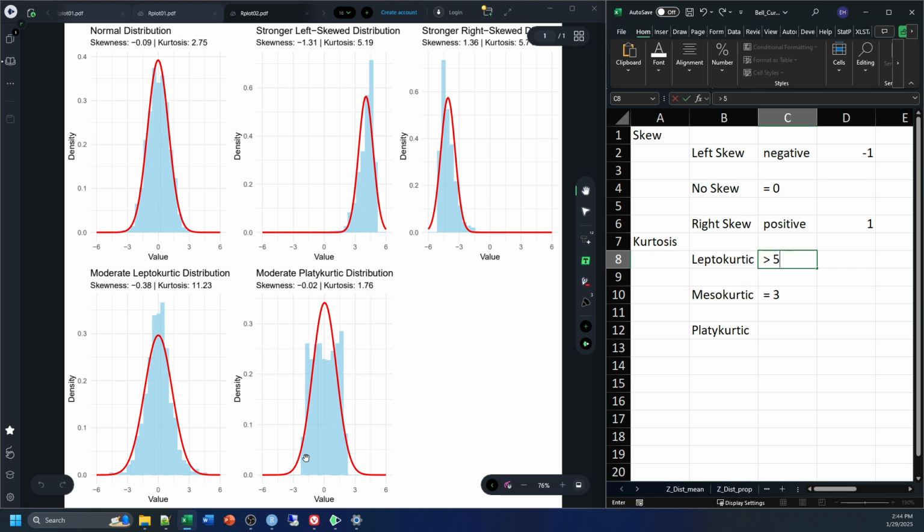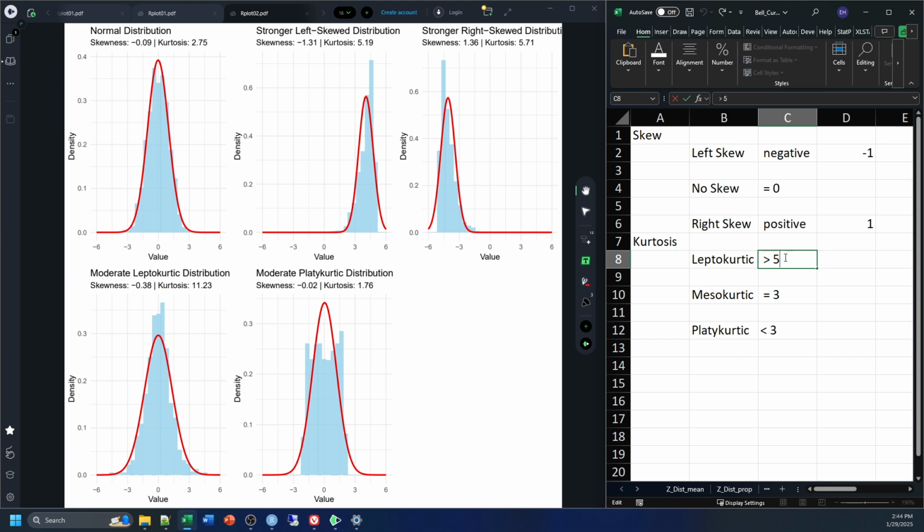Platykurtic, on the other hand, notice how we have very little in the tails, and we kind of flatten out in here. It kind of looks like a brick. This is something that's going to demonstrate some platykurtic traits. And when we have platykurtic, we are going to be less than 3.